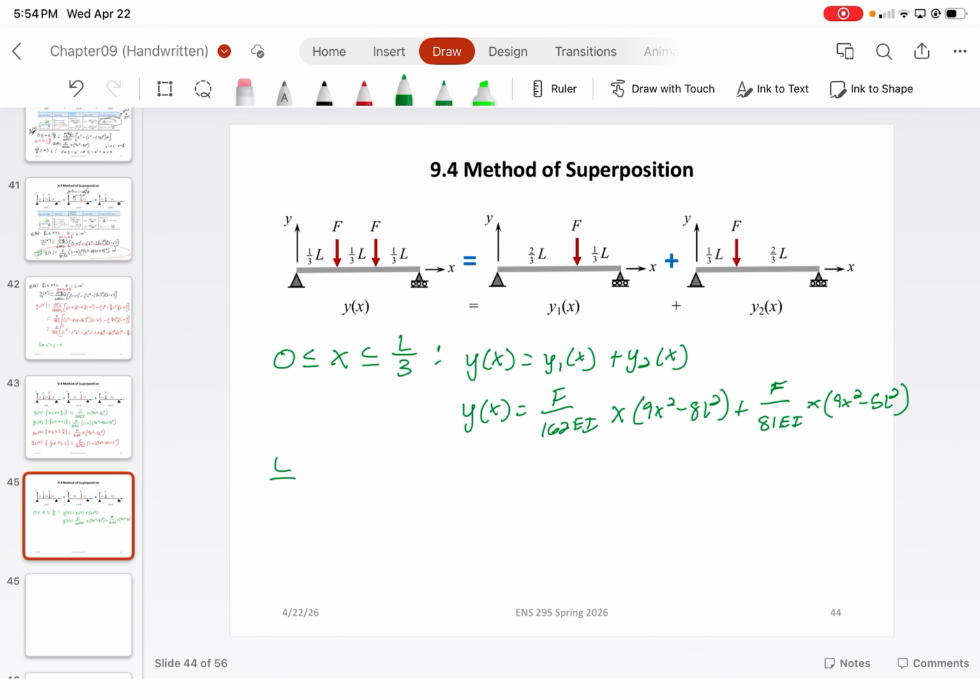And then, of course, you would have the cases for L over 3 less than or equal to x less than or equal to 2L over 3, and 2L over 3 less than or equal to x less than or equal to L. So the idea is just to make sure that the x values for y1 and y2 align with each other. That's how you would manipulate those equations.